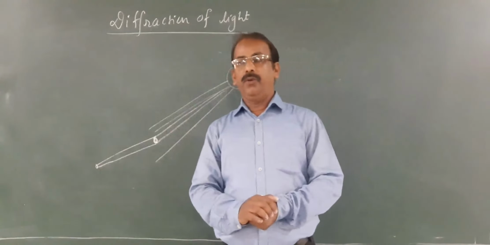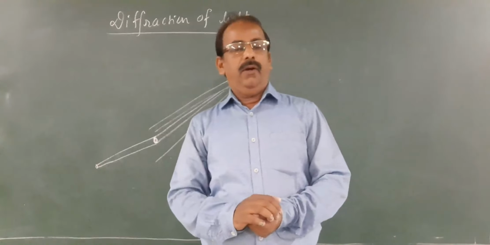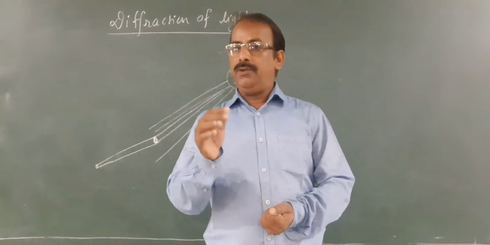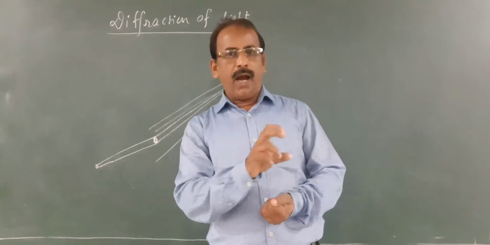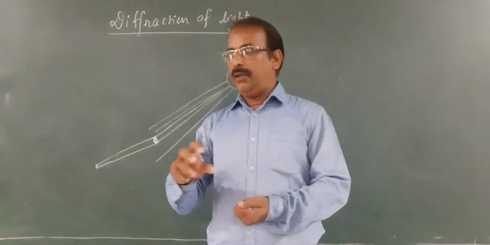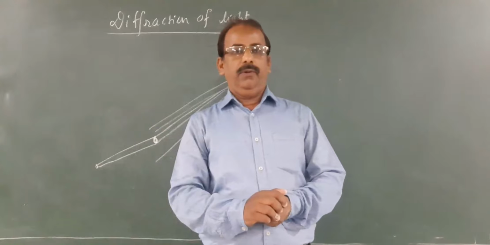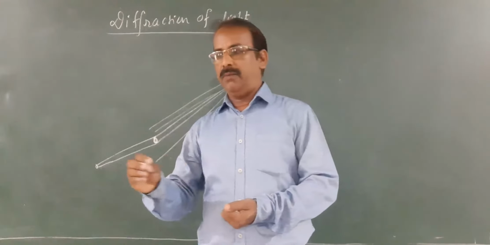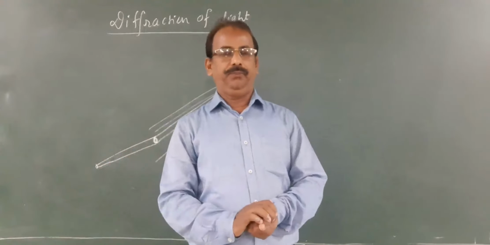Remember that to have diffraction of light, how must be the size of the obstacle? The obstacle should be very, very small. Its size should be comparable to the wavelength of the light. You can take an obstacle of the size 10 raised to power minus 5 meter, minus 6 meter, minus 7 meter, like this.